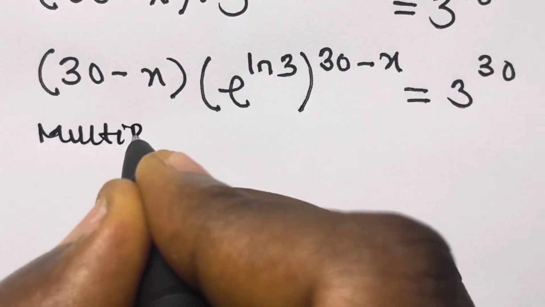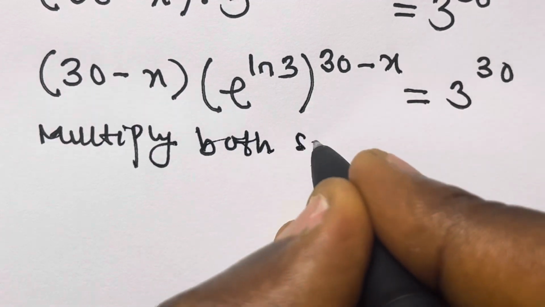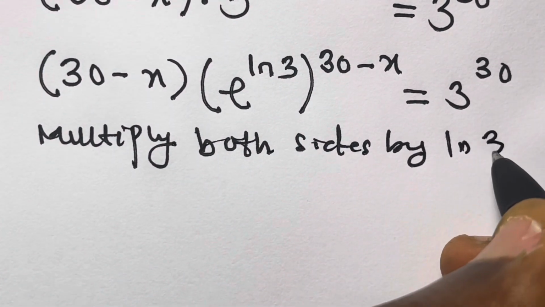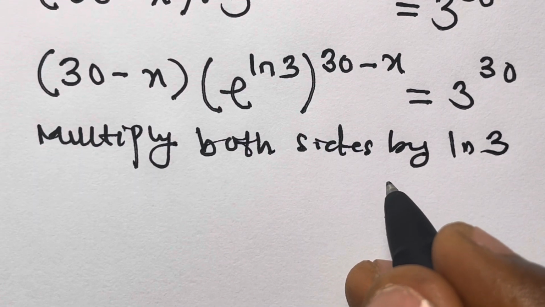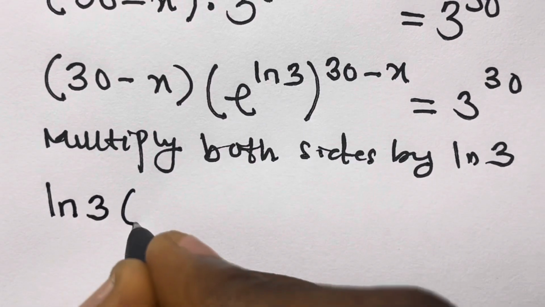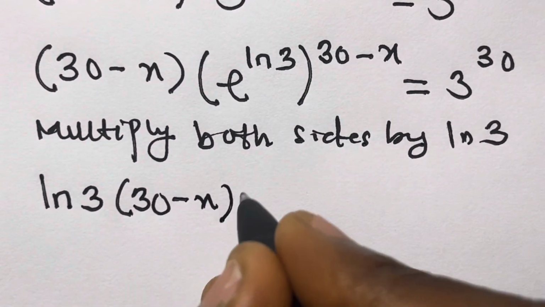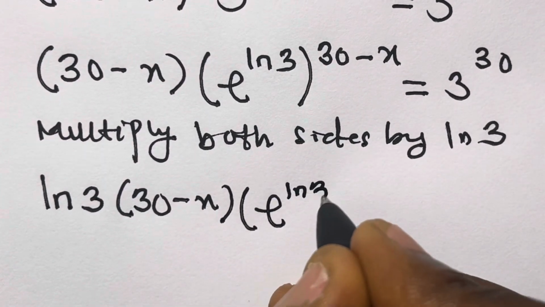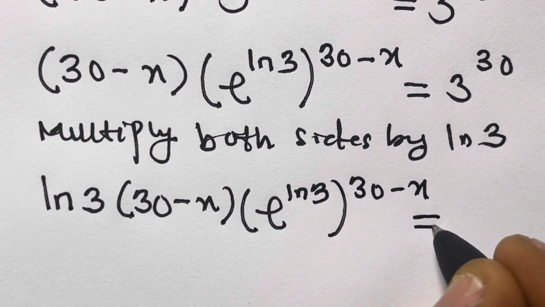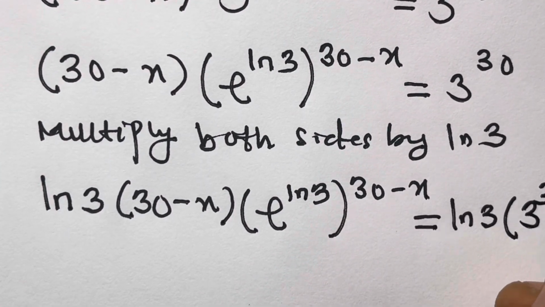Multiply both sides by ln 3, right? So we have ln 3 multiplied by 30 minus x, then e raised to the power ln 3 multiplied by 30 minus x, equals ln 3 multiplied by 3 raised to the power 30.